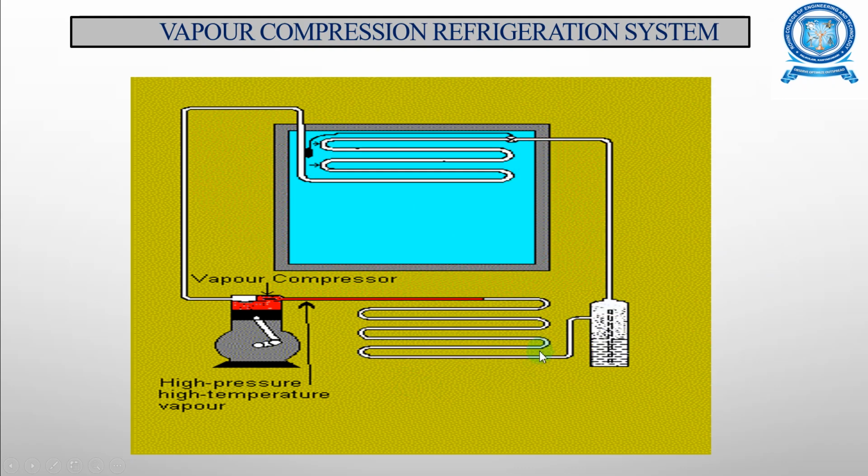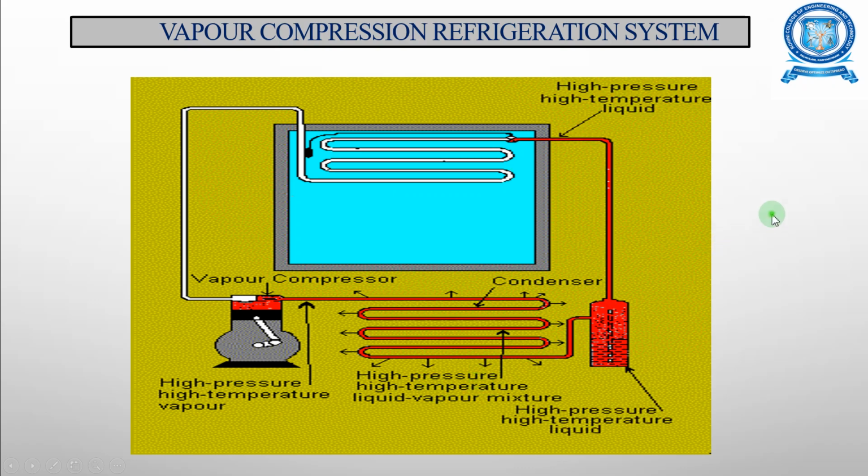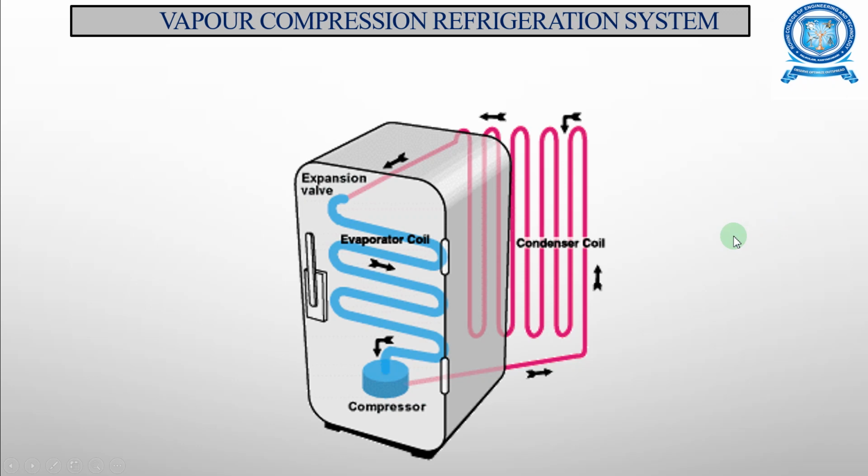You have the high pressure, high temperature liquid vapor mixture. This is normally a refrigeration unit which we use in our home. And it's a circuit diagram. You have a compressor at the lower part, a condenser coil here, the expansion valve and the evaporator coil.